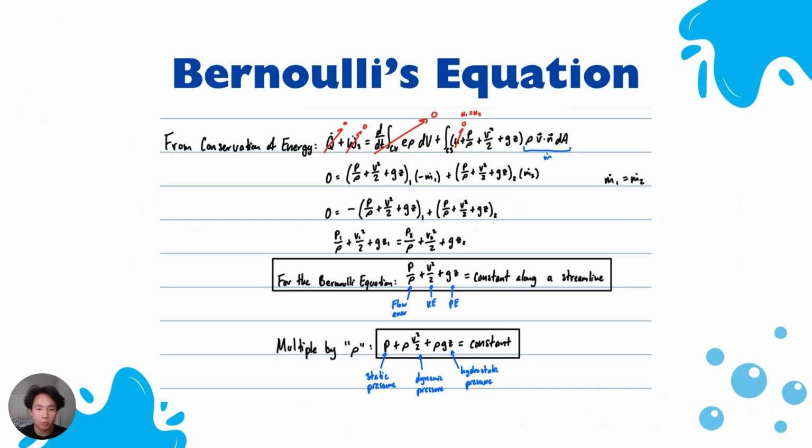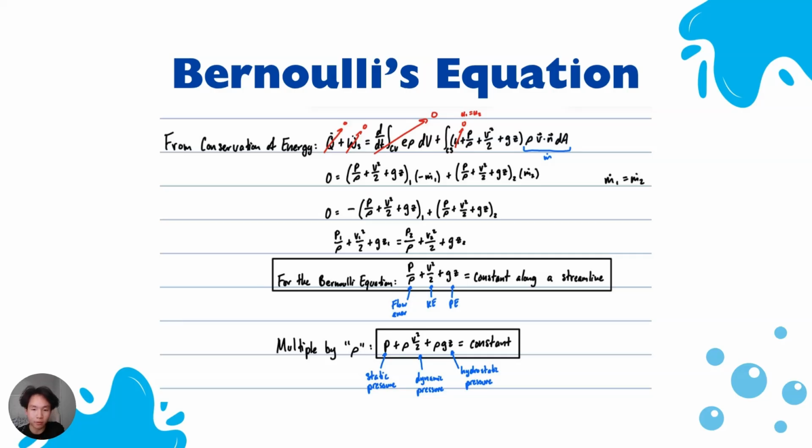Okay, now moving into Bernoulli's equation. We get Bernoulli's from the conservation of energy, so we can remove any terms for heat transfer, shaft work, and unsteady flow, since we're assuming that it's steady and frictionless, with no energy loss or gain. That simplifies the equation down to just the pressure, velocity, and elevation, and the mass flow rate, but we're assuming that they're the same, so we can just cancel those out.